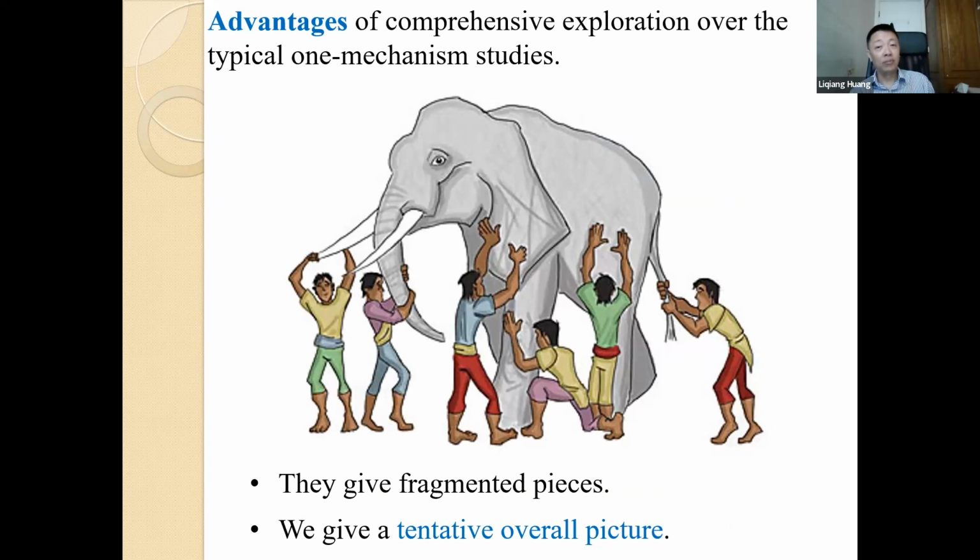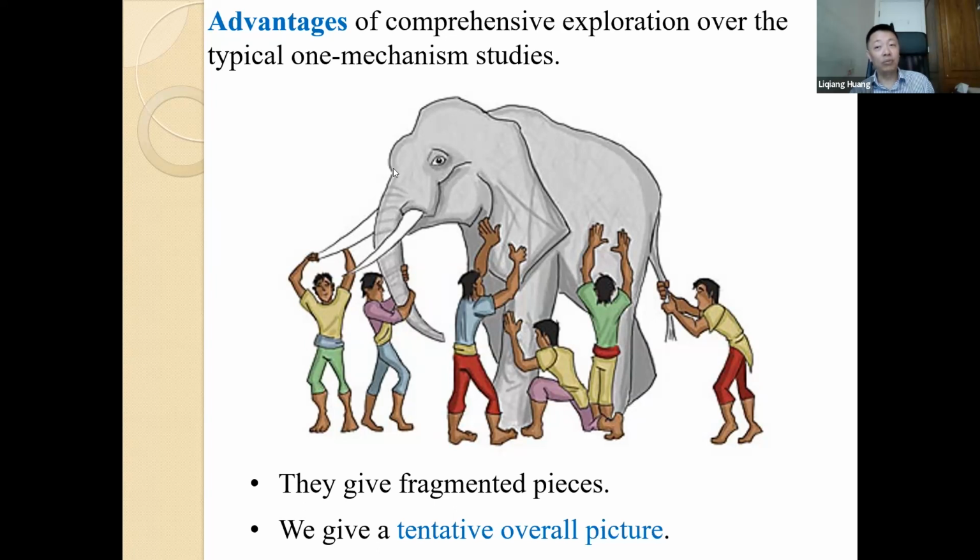Okay, I also want to compare the comprehensive exploration model with the typical one-mechanism studies. The typical studies give fragmented pieces of findings, and we give a tentative overall picture.